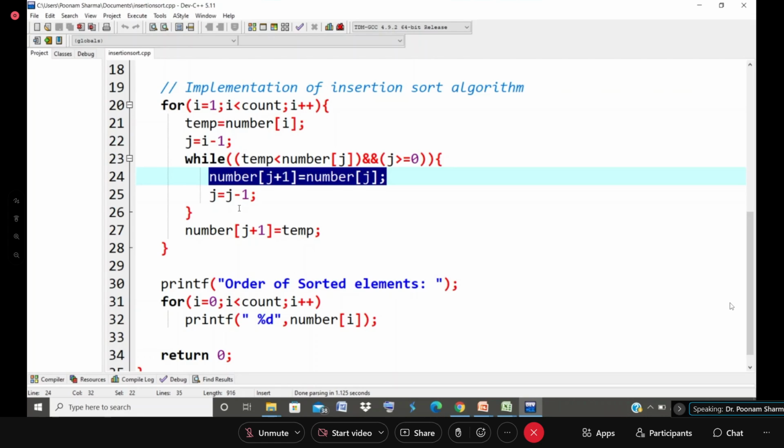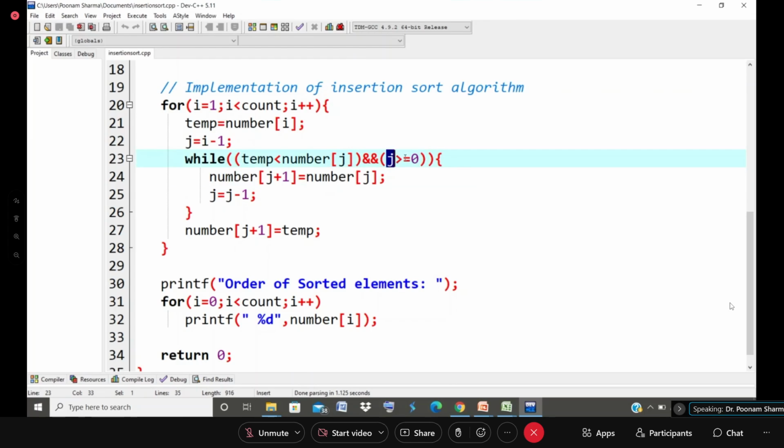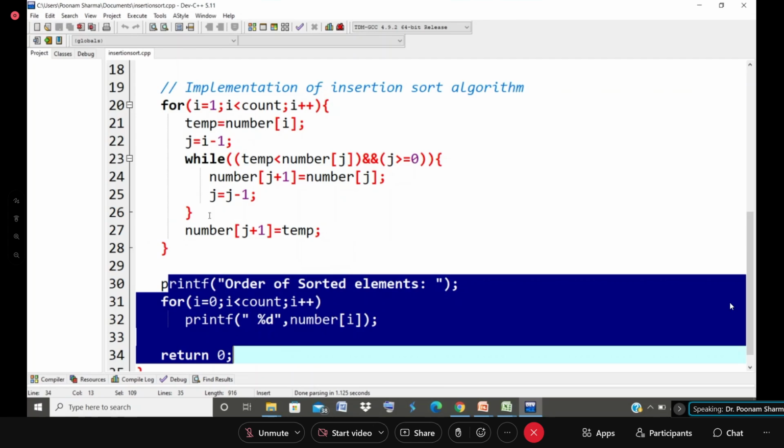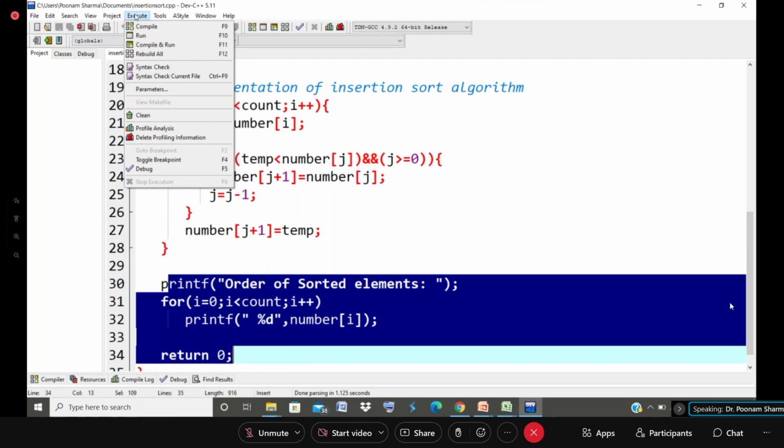And this is to be done for all the values till the value reaches 0. So you will go on shifting all the values by doing j minus 1. Not only one value is to be shifted, you have to shift all the values. And once all the values have been shifted, next what is to be done? Now you have created the space. So you place the value which is stored in temp in that place, right? And simply print the result. This is how this function is going to work.